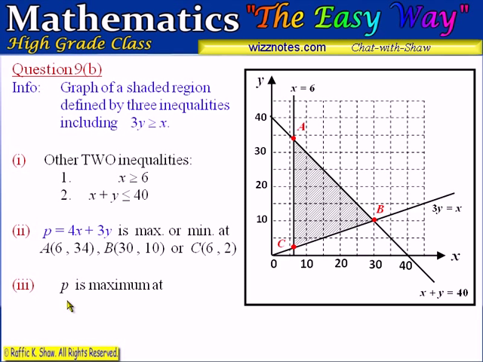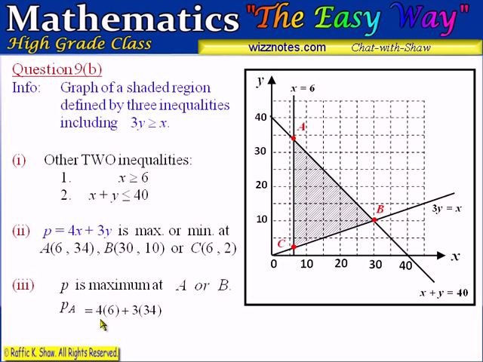As I explained, we don't have to analyze point C. The maximum value of P would be obtained at either point A or point B, and we therefore need to work out the value at A and the value at B, so we can compare both of them and see which one is greater. So let's go through that calculation.